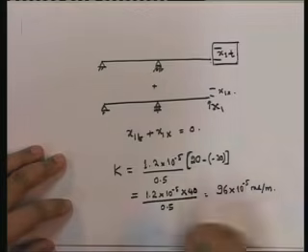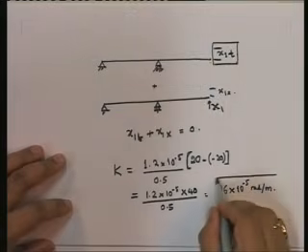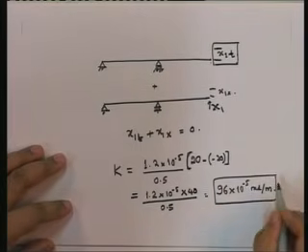And what is kappa? Kappa is the rate of change of theta with length. So kappa is d theta by dx. Theta is given in terms of radians, and length in this particular case is in meters. So it is radians per meter, 96 into 10 to the power of minus 5.